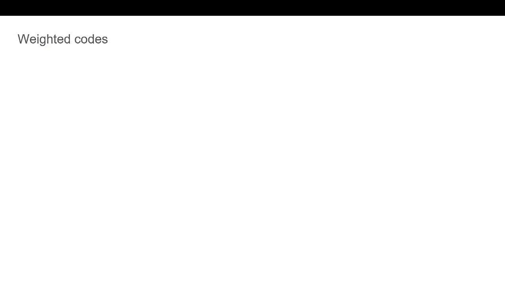Next we will go for weighted codes. Let's say in our binary coding we have weights of 8 4 2 1, because we write 2 to the power 0, 2 to the power 1, 2 to the power 2, 2 to the power 3. So these are weighted codes. If, for example, we consider 1010, what is the value?